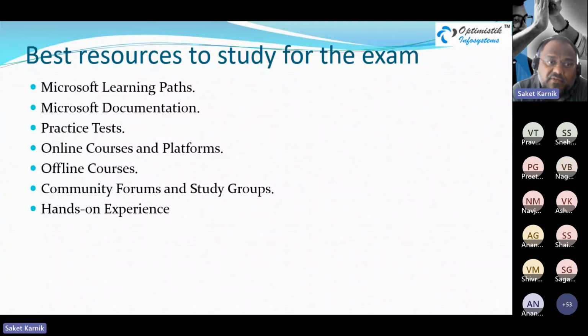And on top of all of this, even if you are 100% confident, always make sure that you have enough hands-on experience with each of the skills being measured, without which there will be no use in clearing the exam. Once you put that in your resume and you appear for an interview, it could be a client interview or the actual job interview, the interviewer will set their expectations high.